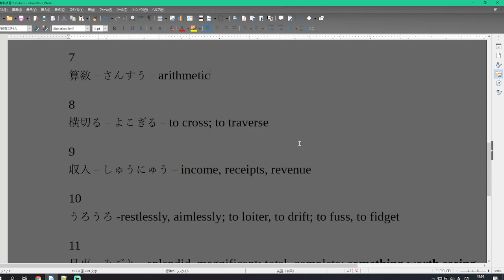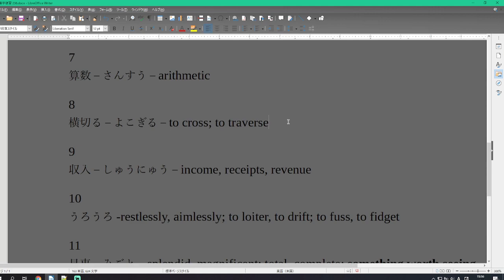Number 8 is yokogiru. Yoko is horizontal or to move across. Giru on the right side is to cut. So you're literally cutting across something, to cross or to traverse it. Yokogiru is to cross or traverse.